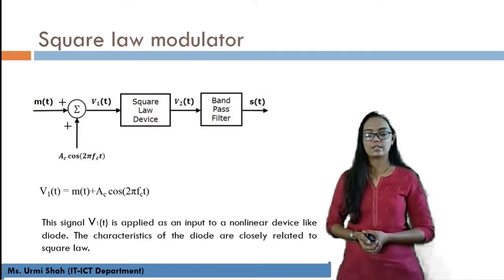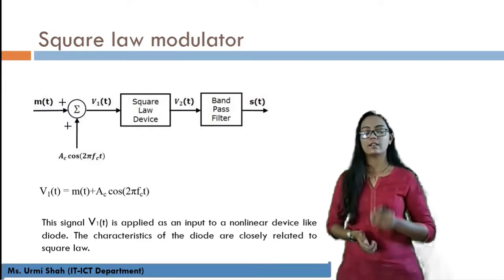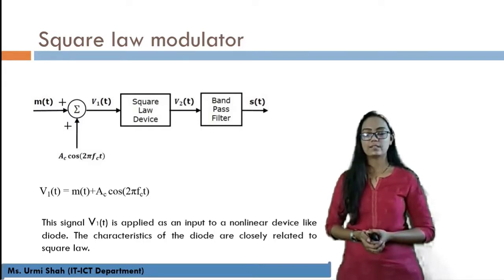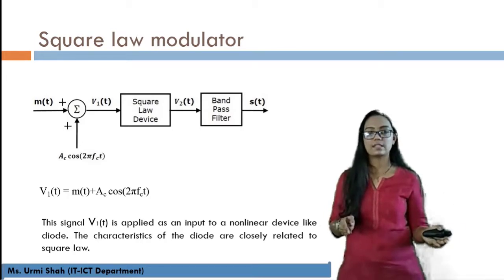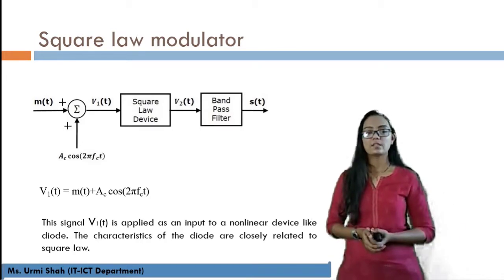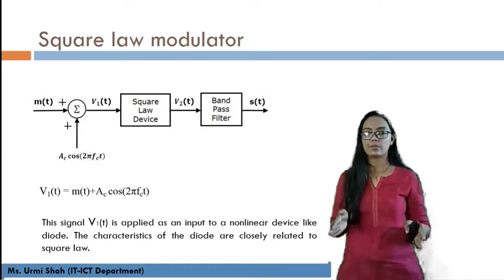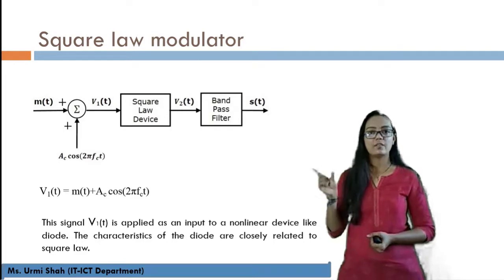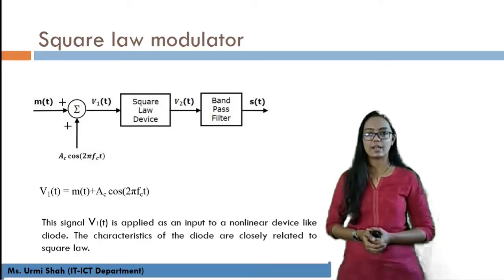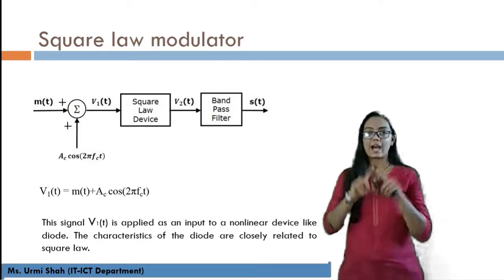The band pass filter will pass the range of frequencies which are in its band, and the rest of the frequencies it won't pass. It passes only a limited amount of frequencies allowed in that specific band. Basically, signal V1 of t is applied as an input to the non-linear device, that is the square law device, and it is made up of a diode circuit.